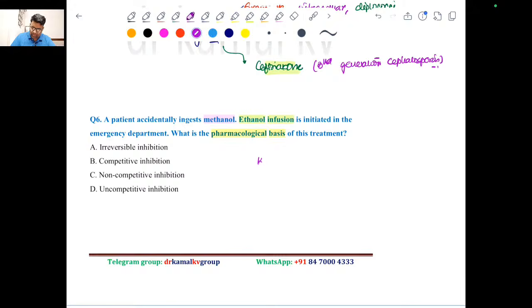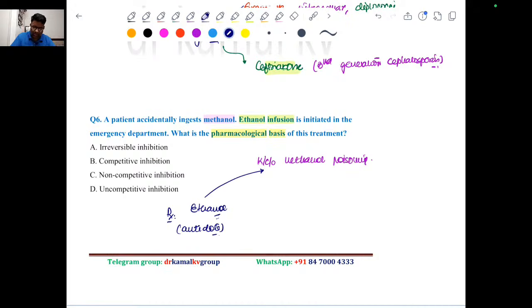So, known case of methanol poisoning. Now what we need to give? We need to give ethanol. So what is the pharmacological basis of this?